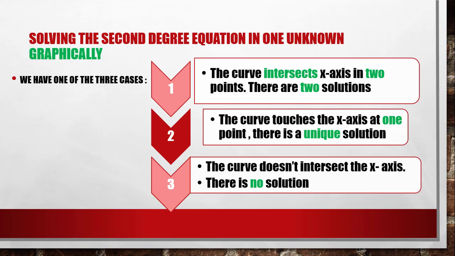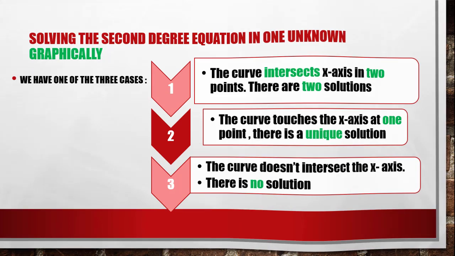The curve can intersect the x-axis in 2 points. In this case, we have two solutions. And if the curve touches the x-axis in 1 point, we have a unique solution, or one solution. Sometimes the curve doesn't intersect the x-axis, so in this case you have no solution. The solution set is phi.